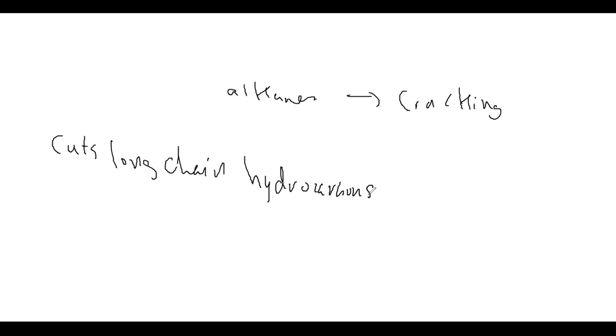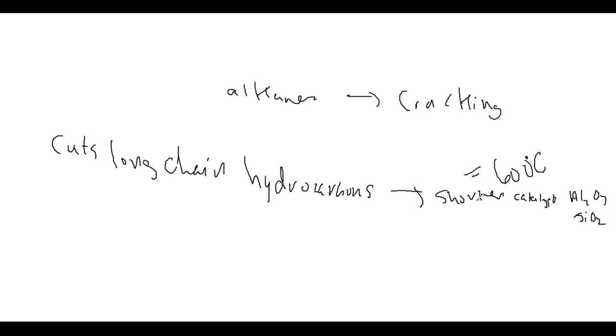So it cuts long chain hydrocarbons into shorter chains. And we have a temperature, I think about 600 degrees Celsius, and you could use aluminum oxide or even silicon oxide. So the catalyst could be Al2O3 or it could be SiO2.